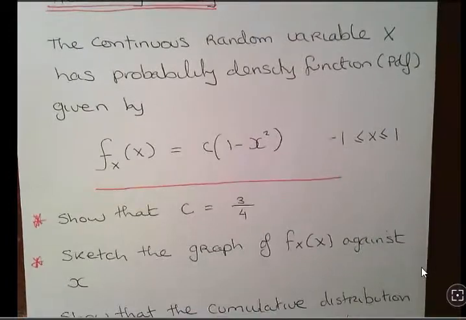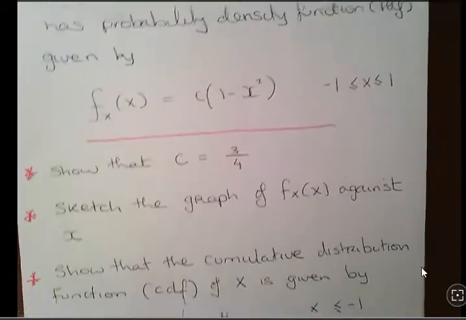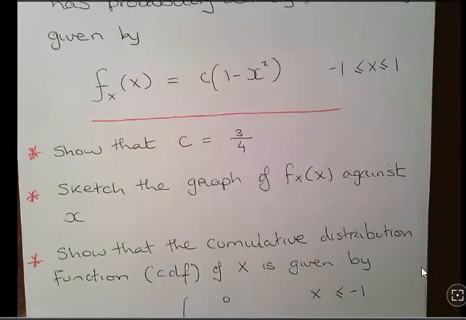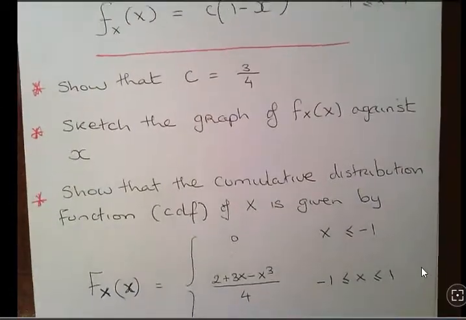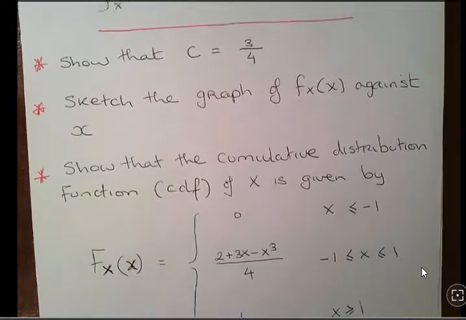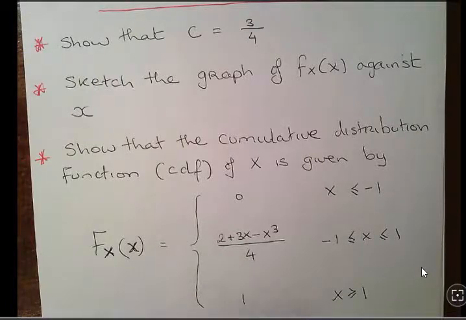Then sketch a graph of f of x. I'm not going to do that so much, I'm just going to give you some pointers and let you work on that yourself. Then show that the cumulative distribution function of X, the CDF of X, is given by this expression here. Very complicated looking expression. So that's the question there.